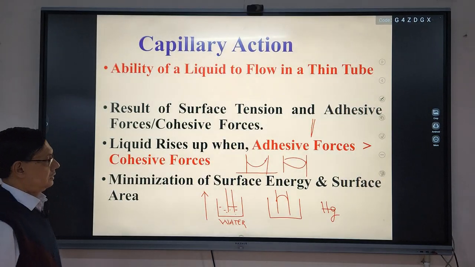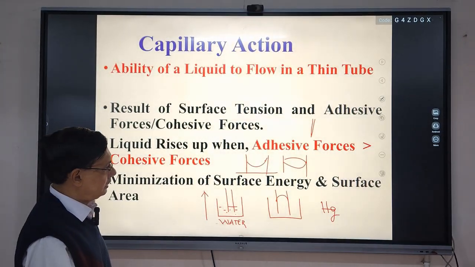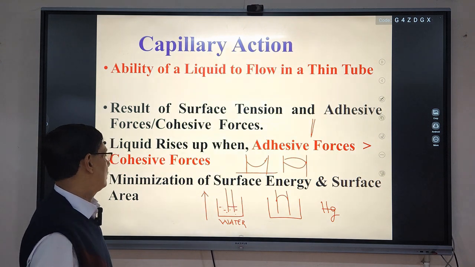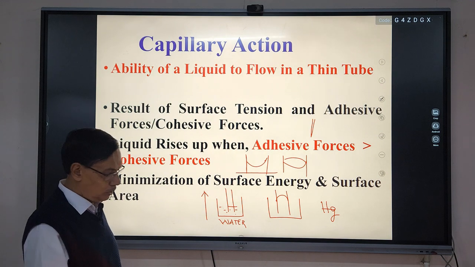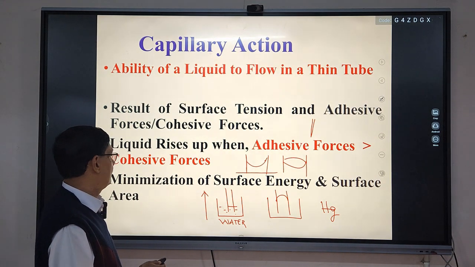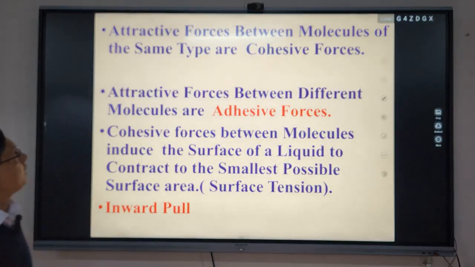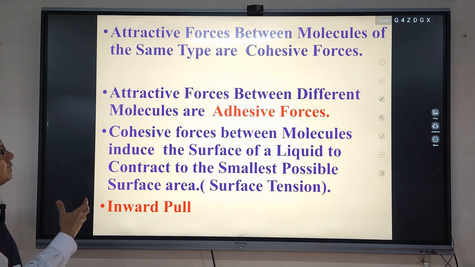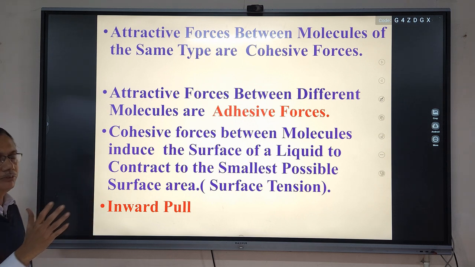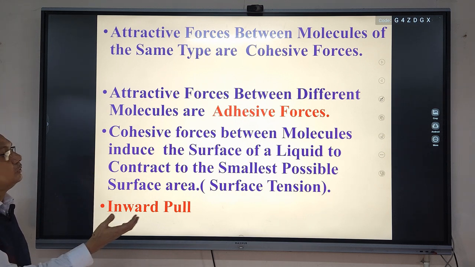And when there is a capillary rise, there is a minimization of the surface energy and the surface area. So we will also measure the surface area and surface energy. As I already discussed, adhesive force means the attractive force between different molecules.